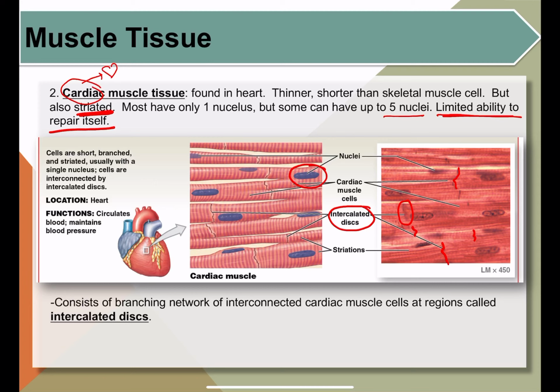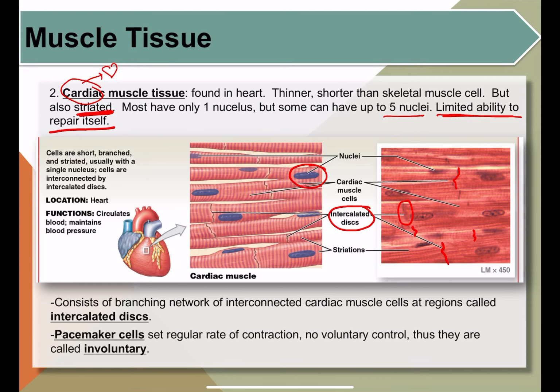Those same gap junctions are what's happening within the intercalated disc for ions to travel from one cardiac cell to another cardiac muscle cell. And that's how our heart can beat in a coordinated manner for a set rhythm.